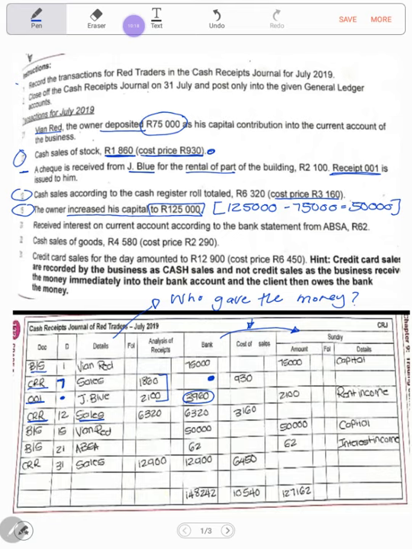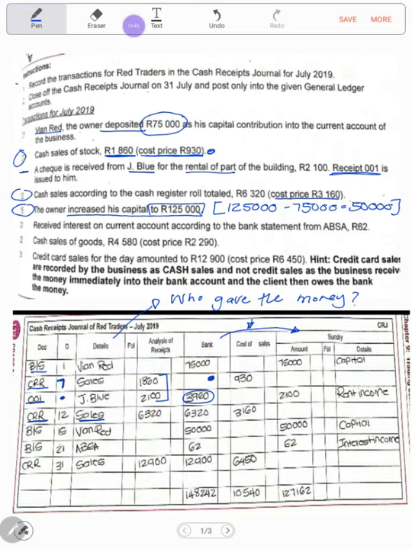Moving along, we received interest on the current account according to the bank statement from Absa, and the amount is 62 Rand. Okay, who is giving us the money? Absa is. And how do we receive interest on our current account? We will only see this on the bank statement, and therefore your document number will be bank statement.